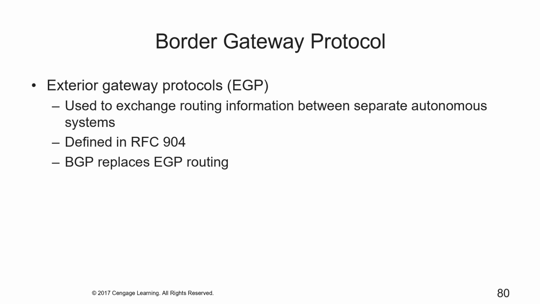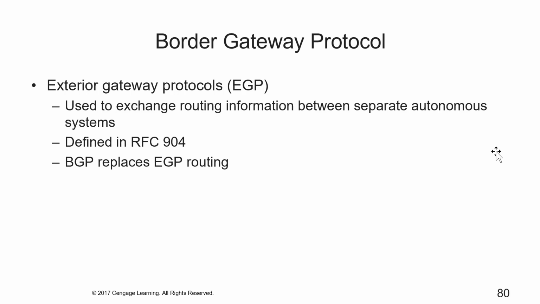We've also talked about BGP. These are exterior gateway protocols, and exterior gateway protocols are used to exchange routing information between separate autonomous systems. So these protocols are referred to as inter-domain routing protocols.